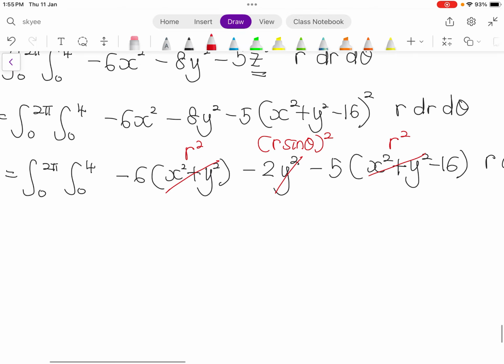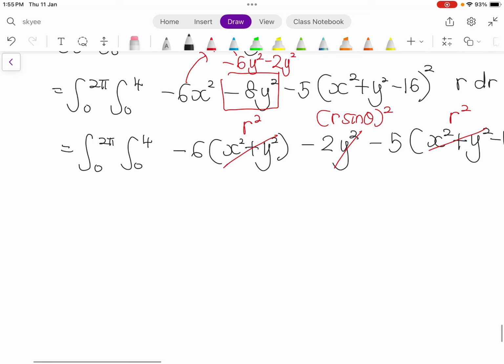In fact, this one I break into negative 6x squared and negative 2y squared, so I can factor these two together.